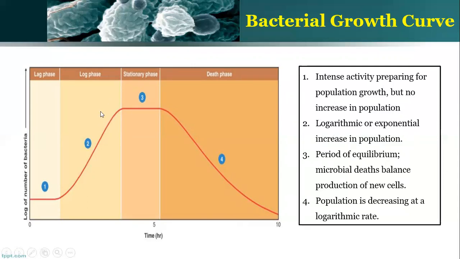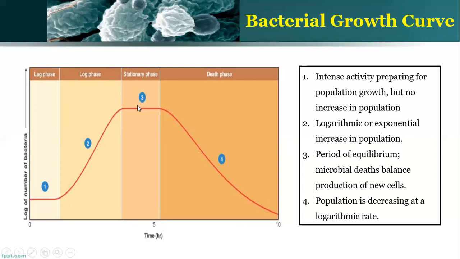And then if you are not transferring this organism into fresh medium and the same medium is maintained, then what happens? The organisms that have already grown start to produce byproducts, and these byproducts may be toxic to the bacterial growth.